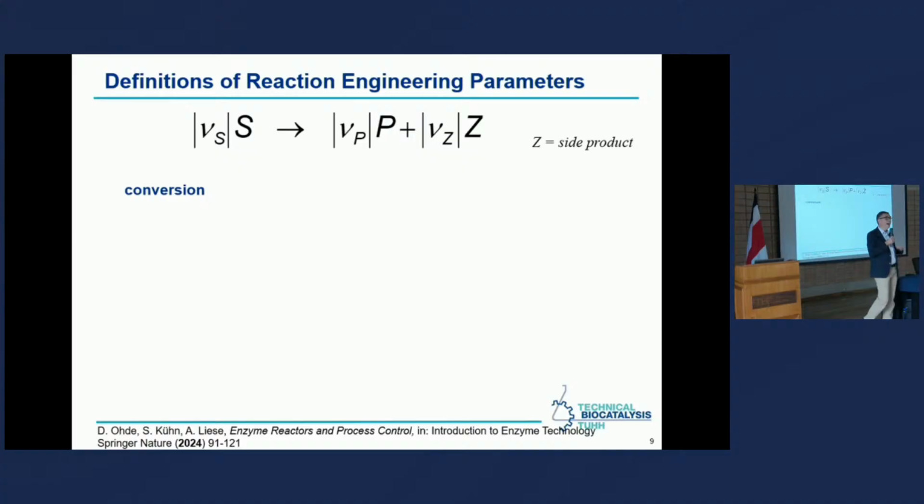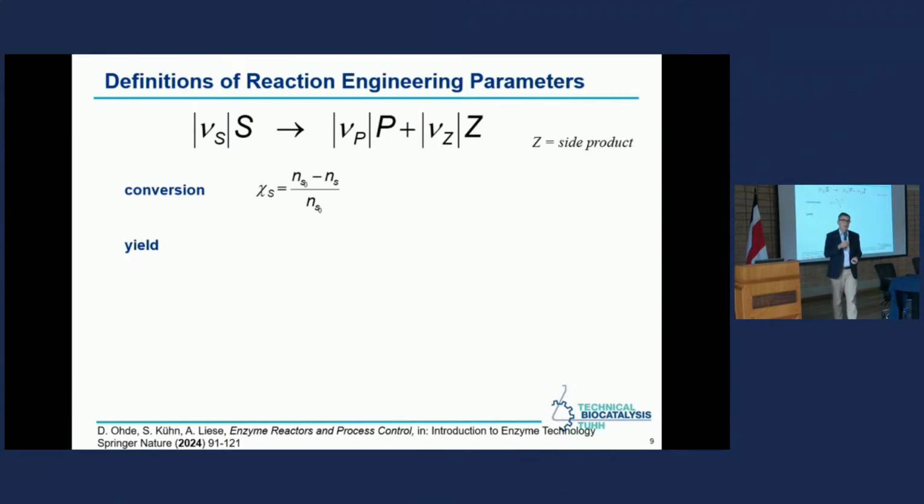So just asking how much starting material was converted away. And we can calculate this in terms of, that's the sign for conversion, that we have the mole at starting point, time point 0, of the starting material, minus the substrate concentration right now at this time, being left over, divided by the one at time point 0. So just asking how much has reacted away.